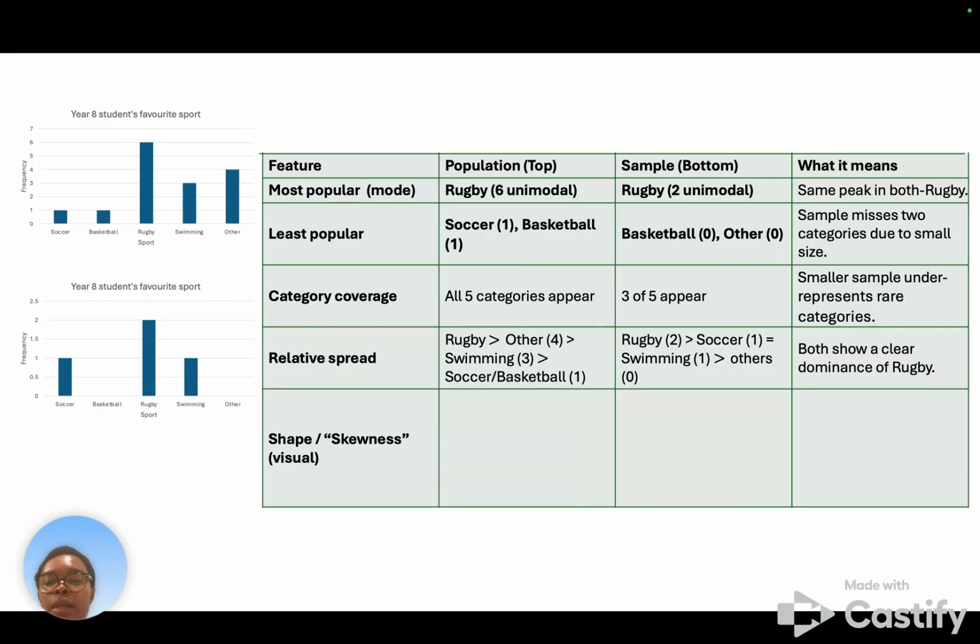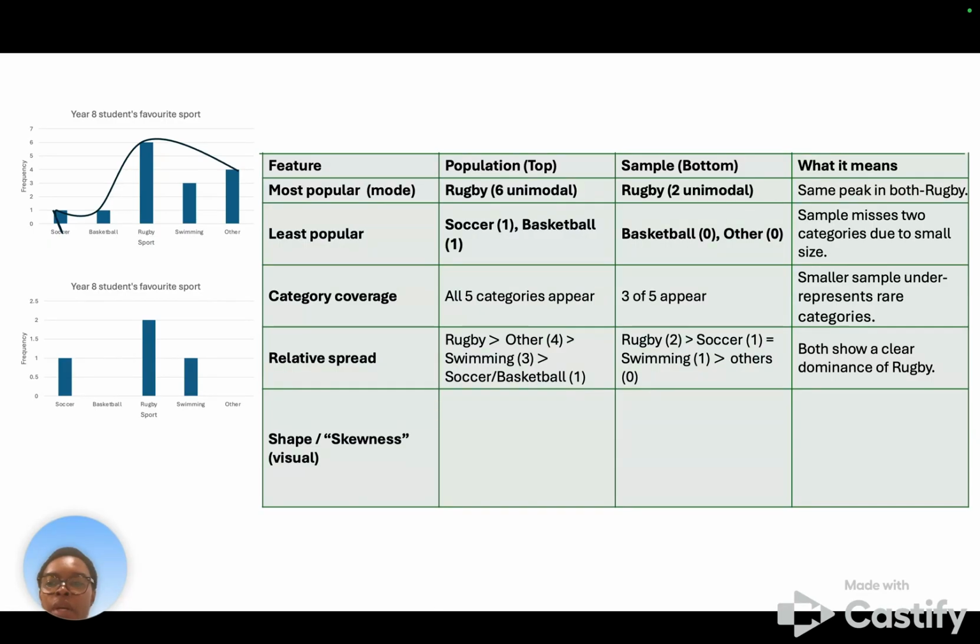Now we look at the shape. So with this shape, we're looking at, is this skewed or is this symmetrical? So to describe it properly, we draw a line on the bars, okay?